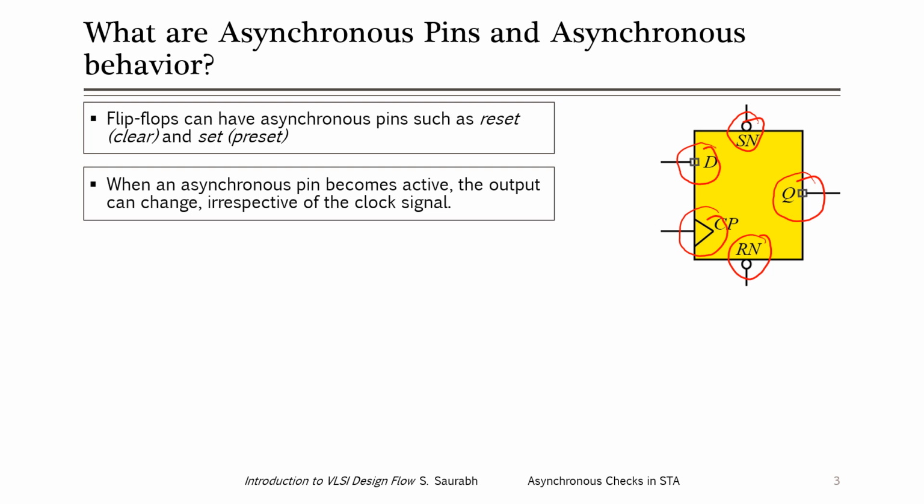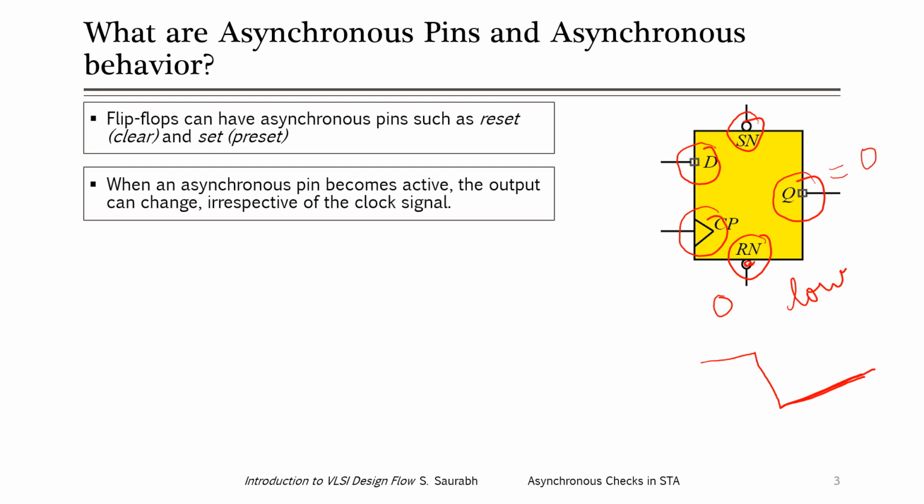Now there is a bubble here at the input. It means that it is active low, meaning that if it goes from 1 to 0, it becomes active. So in a 0 state, it will become active. Whenever the RN pin becomes low, or it becomes 0, at that time the output Q will turn to 0.